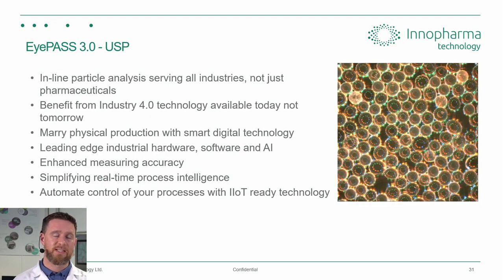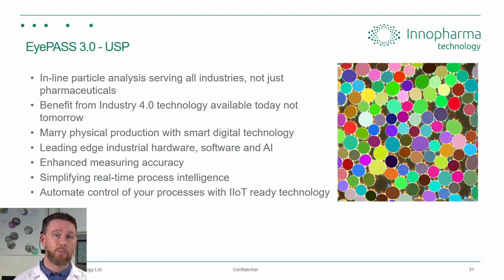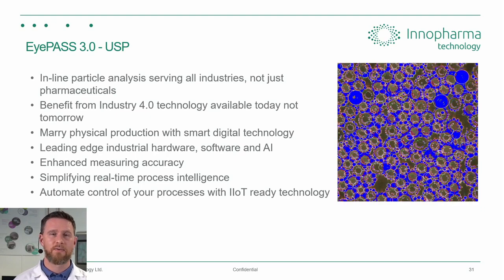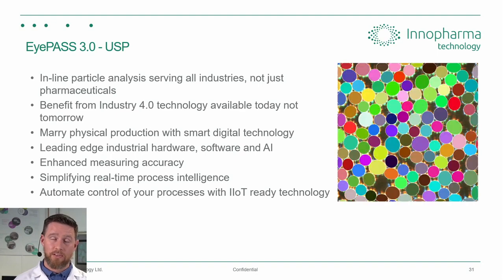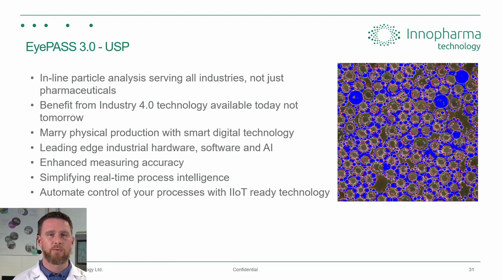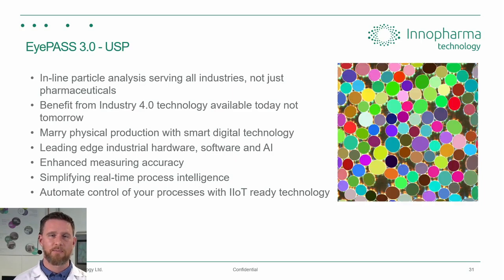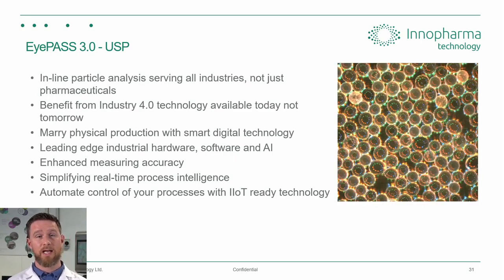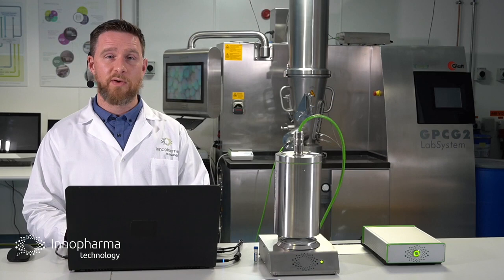Here we're specifically referencing things like Industry 4.0 with the capability of IIoT, Industrial Internet of Things. Also, we're using leading edge hardware and software combined now with the cutting edge AI on the market.